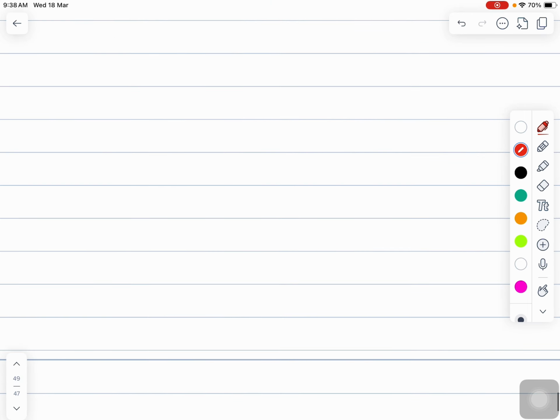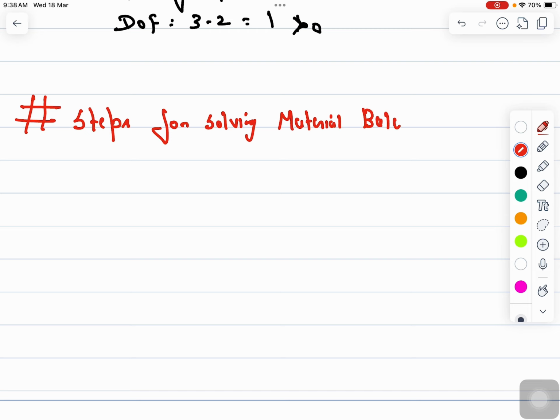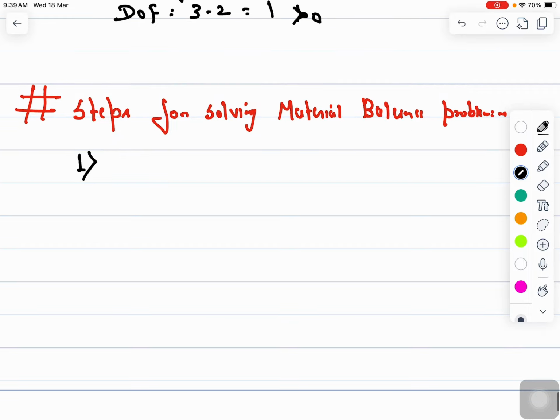Right. Now I'll be talking about the steps for solving a material balance problem. It's a very important concept. So we can summarize the various points that we made earlier into the following steps for the solution of a material balance problem. The first step: read the entire problem carefully.